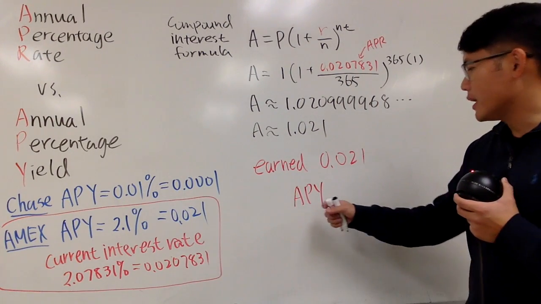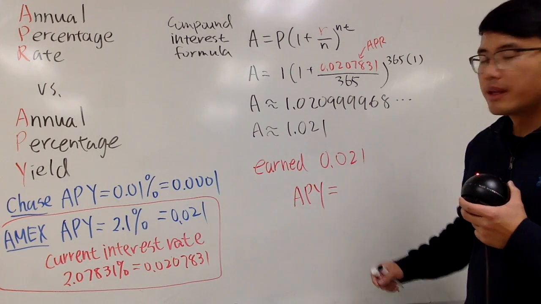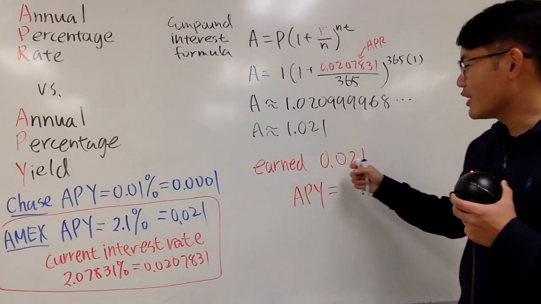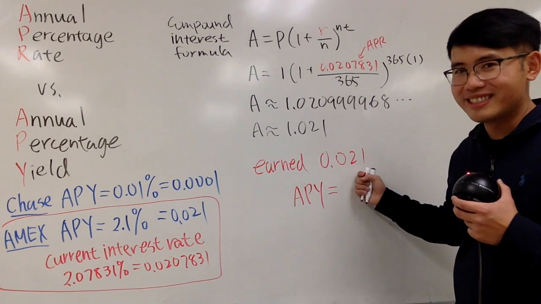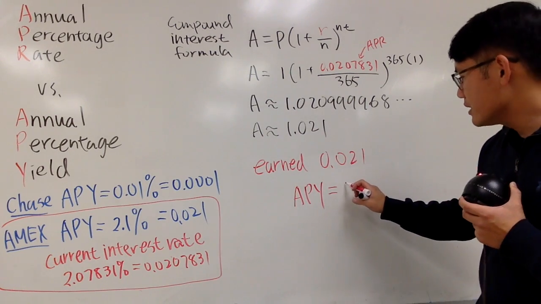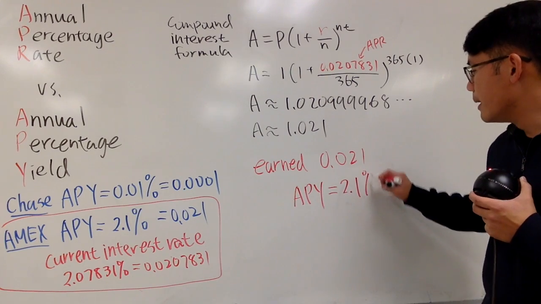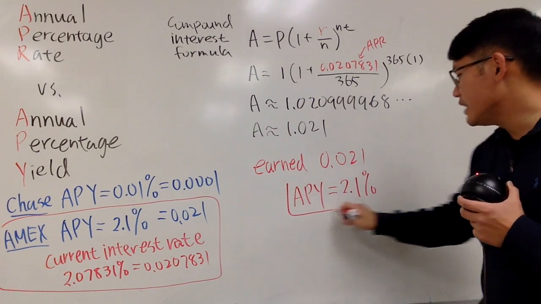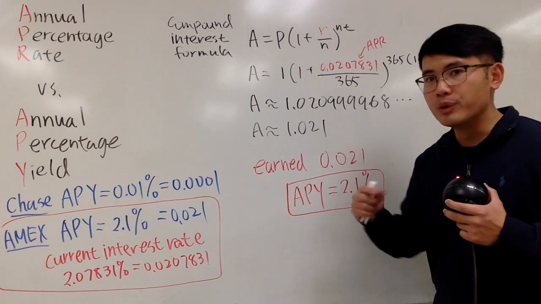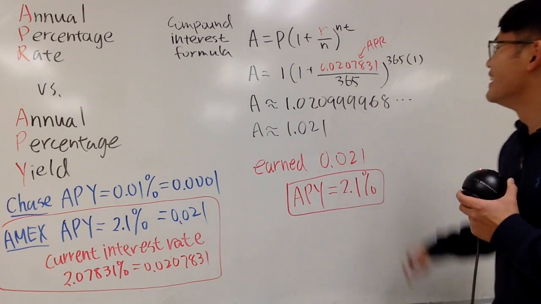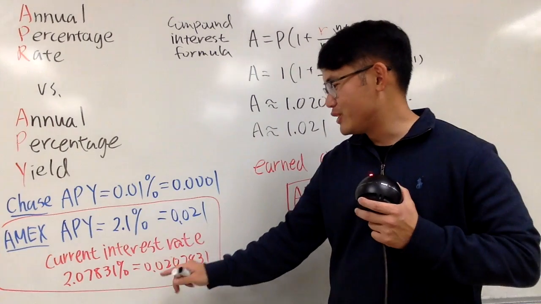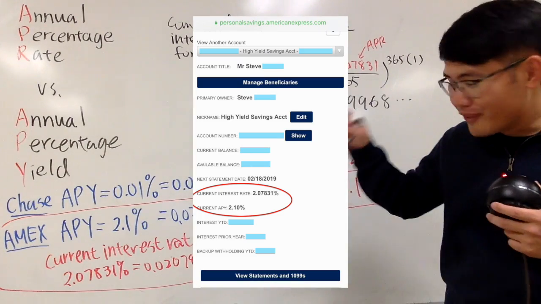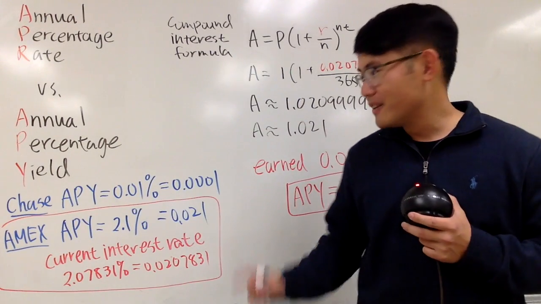Anyway, APY is equal to, well, we earned this much, and originally we put down $1. So you put this divided by that, which is still this. In other words, we just earned 2.1% more than our original amount. So this is the APY, which includes the compounding factors. Again, this is just the interest rate without being compounded, but this is real life numbers. Much better, right? It's much more fun.